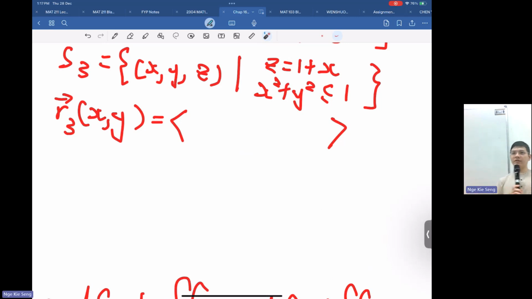Any condition on x or not? x squared plus y squared less than or equal to 1. y also satisfies that condition. But z is dependent on x only. So can I extract 2 variables to make this parametric equation?